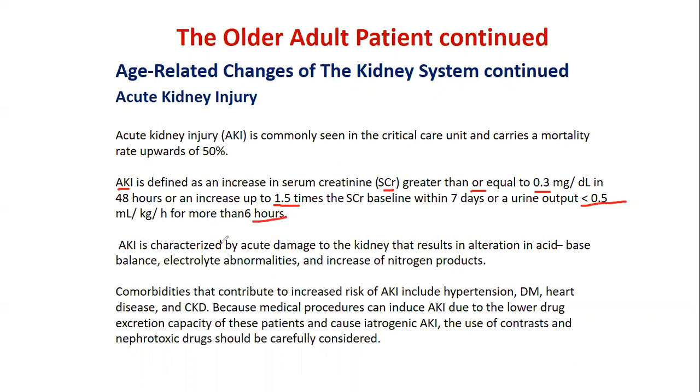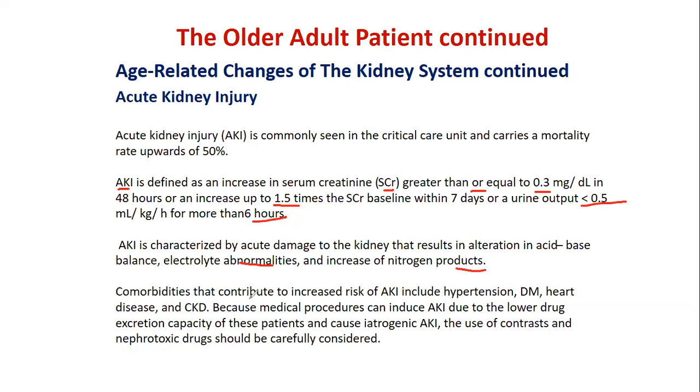Acute kidney injury is characterized by acute damage of the kidney that results in alteration of acid-base balance, electrolyte abnormalities, and also an increase in nitrogen products. So all of this is an acute condition.